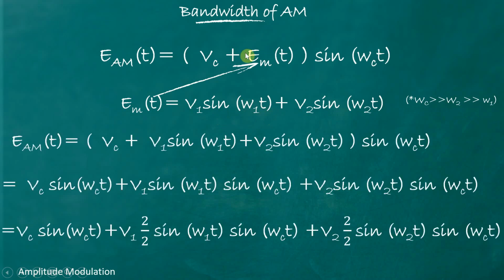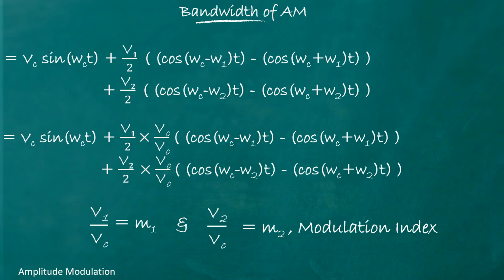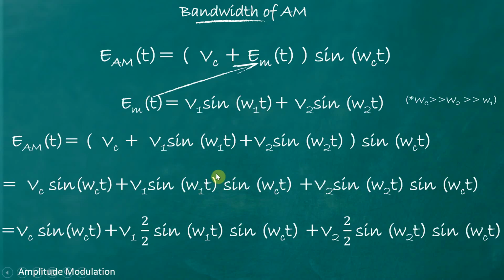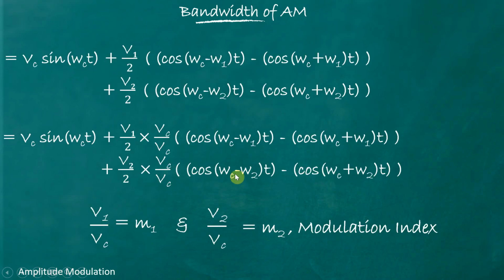Now substitute this em(t) in this equation, and you will get eAM(t). This is again simple mathematics. Later on, according to the previous procedure, this can be converted into cosine terms. As you can see here, the product of sines can be converted into a difference of cosines using a trigonometric formula.